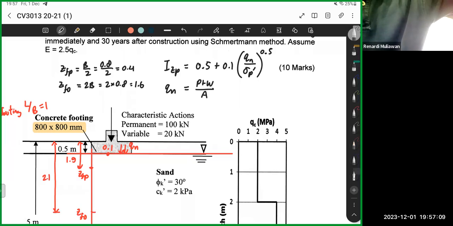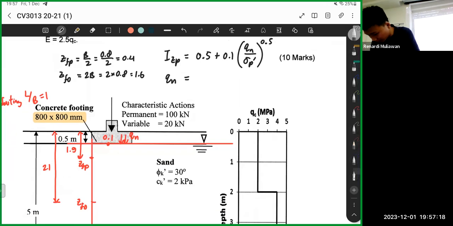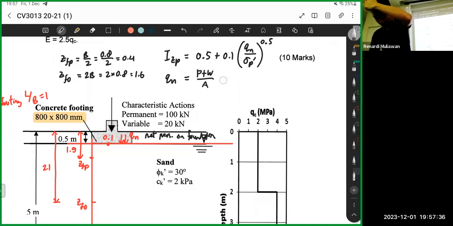At the bottom it says net pressure on the foundation. Okay, so Qn is the net pressure on the foundation, the loading by the foundation minus the soil. So it's the net bearing pressure: P plus W divided by A minus total stress.